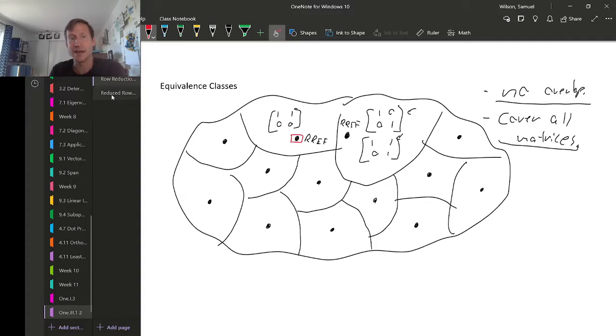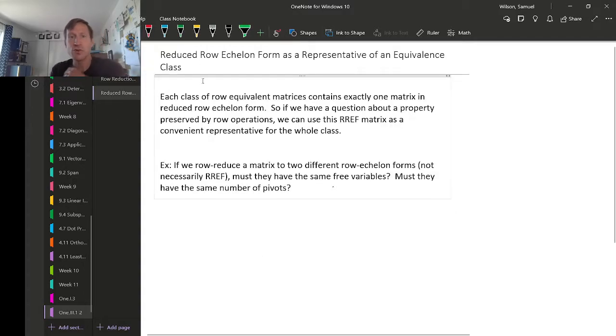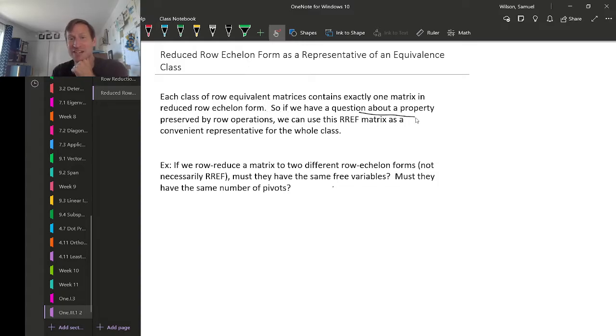So let's look at an example. Of course, the tricky part of all of this is knowing in what situations it makes sense to use this strategy. And really, we need some sort of question where row operations behave nicely, which really is on a case-by-case basis. But let's look at a couple examples.